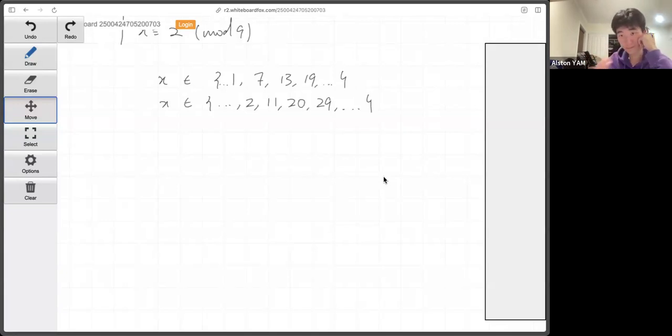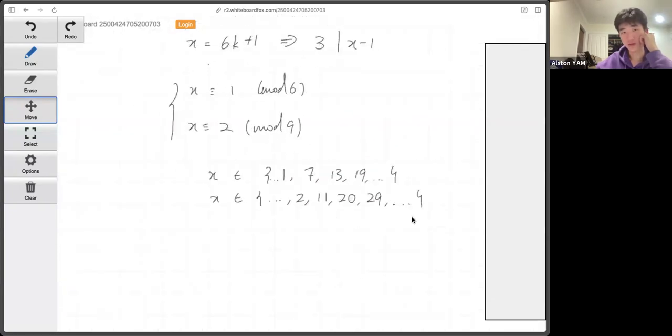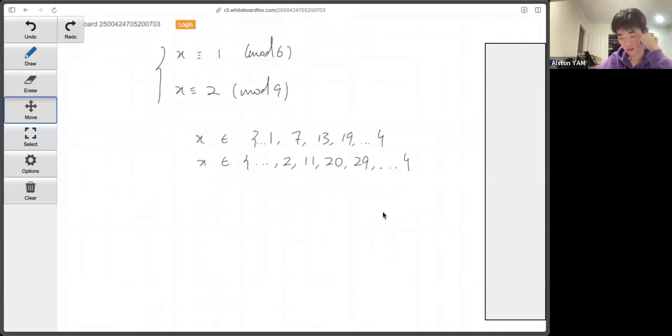Why is that? Why are there sometimes no solutions to a series of congruences? That is because if you think about x in algebraic terms, we have 6k plus 1 for some k. But then x also equals, I'll use a different variable, 9l plus 2.